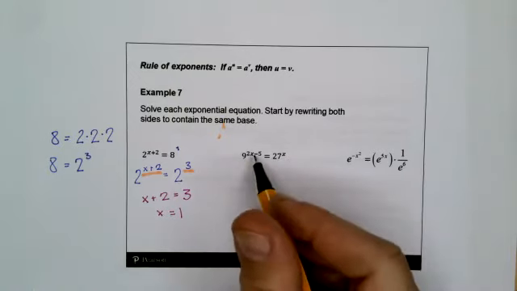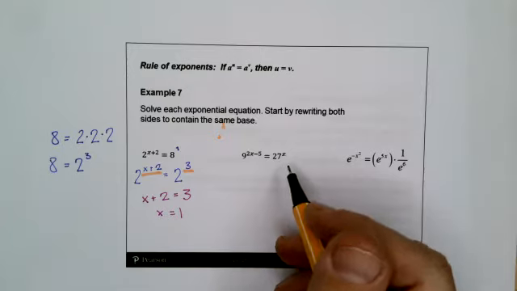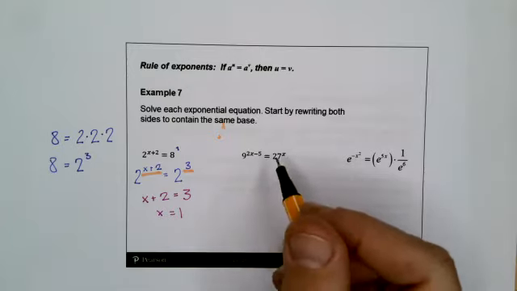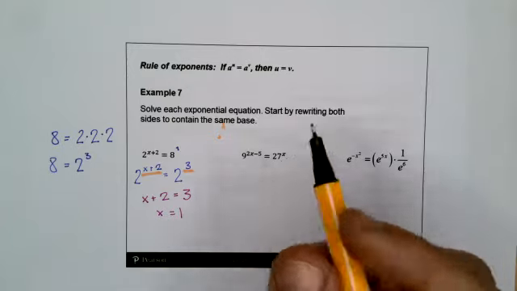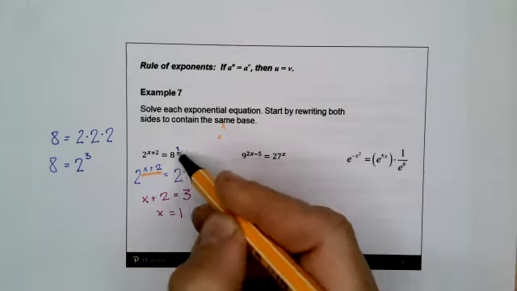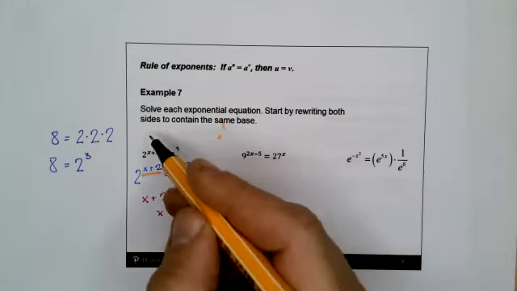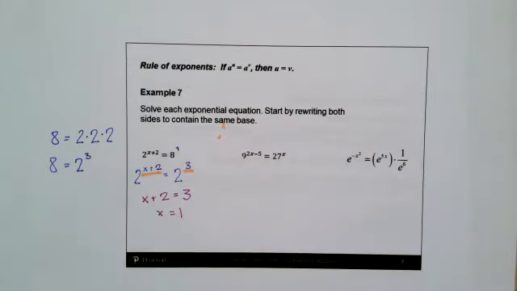9 to the power of 2x minus 5 is the same as 27 to the power of x, right? Here, we manipulated this side of the equation so it matches the 2. We wanted the 8 to match the 2, and it worked because 8 was a multiple of 2.